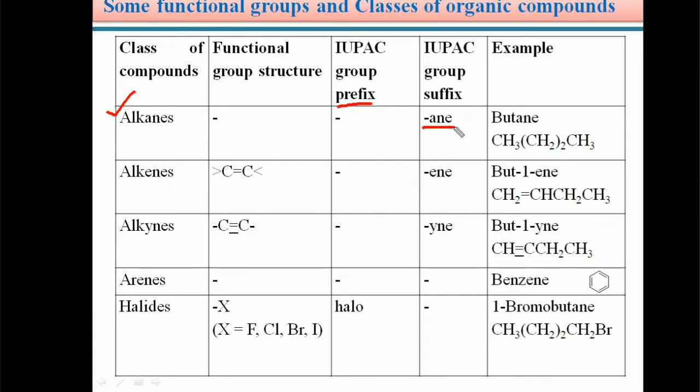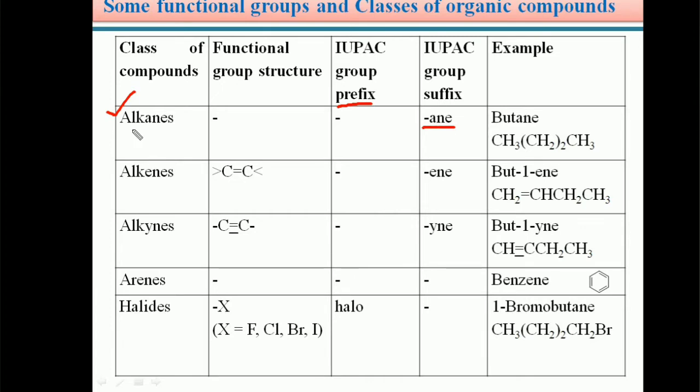In the last video module we discussed alkanes IUPAC nomenclature. There we saw different types of alkanes, for example, methane, ethane, propane, butane, pentane, hexane, heptane, octane, nonane, decane. So many examples we discussed in the earlier video modules.